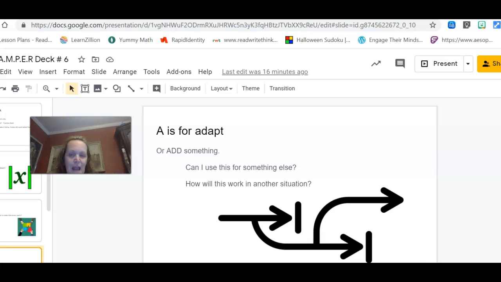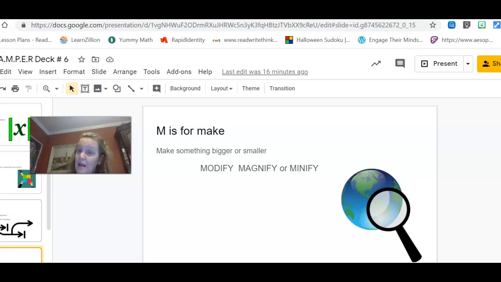I think it's M. M is for make. We can make something bigger or smaller. We can modify it in its size to make it big, or we can make it smaller, like Mrs. Casa's phone. I can make this into something that I can carry around with me.